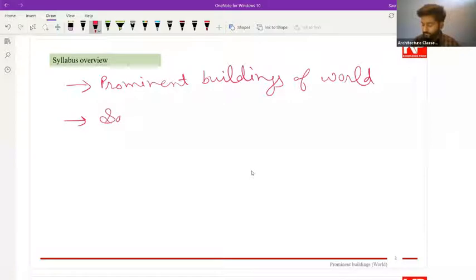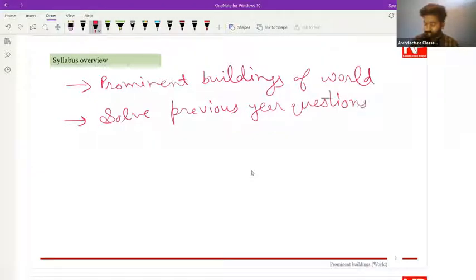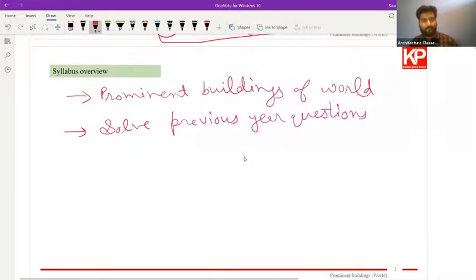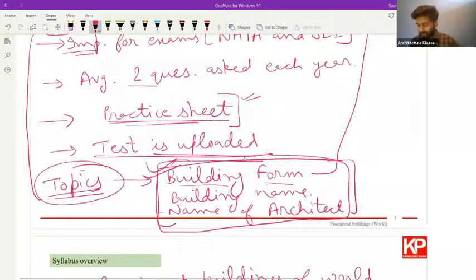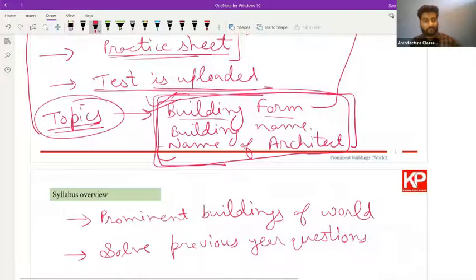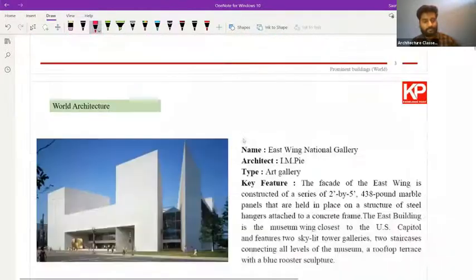And we'll solve previous year questions. All the other things that are required, I have explained in the above slide. So that is the kind of questions and topics. Let's look at the first building.